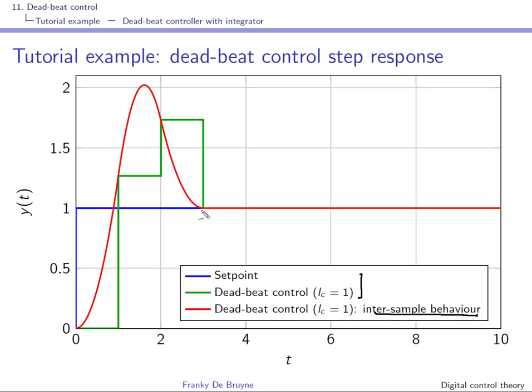You can see now that the steady state is attained after 3 seconds, so 3 sampling instances. Again, we have Ts equal to 1 second over here.